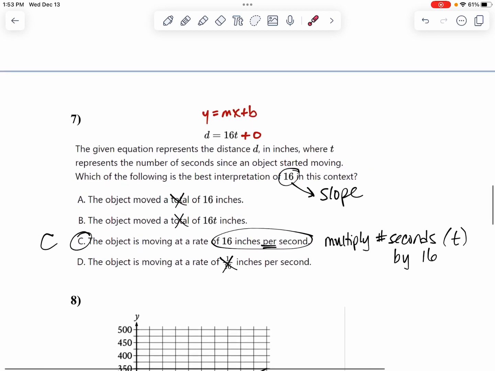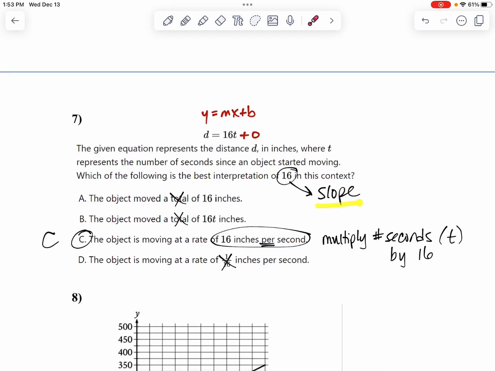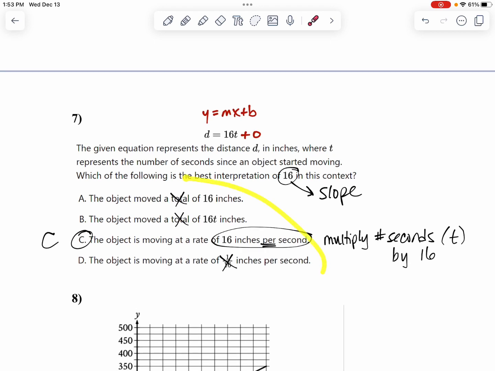And so the slope, remember your keywords. We have rate of change, increase, decrease, per or each. Those are all the words that I'm searching through my answer choices for. I'm eliminating totals. Slope is for each additional x value, which in this case is for every single second. So I'm eliminating the choices that have totals on them.